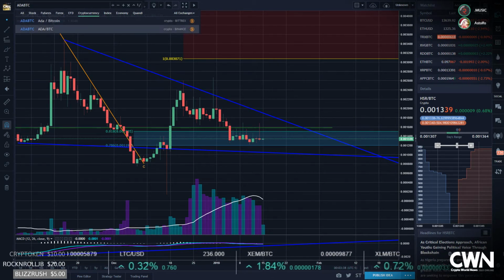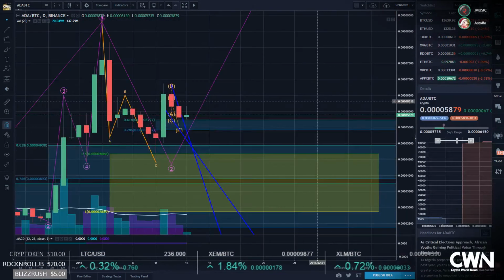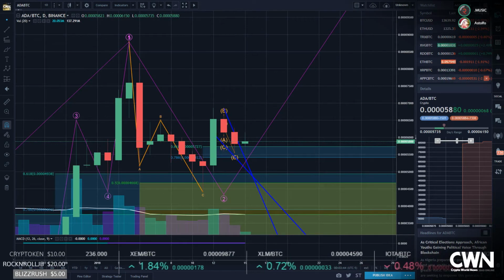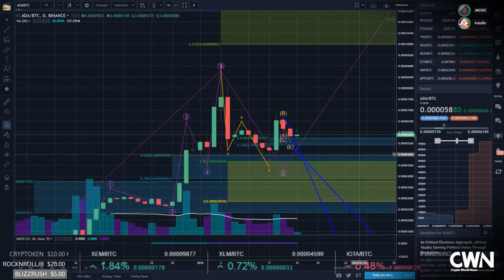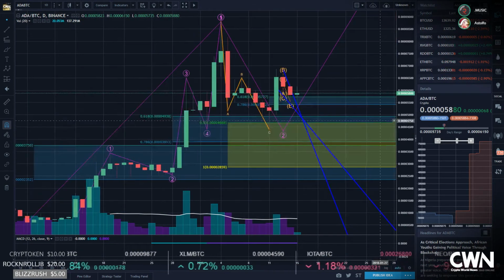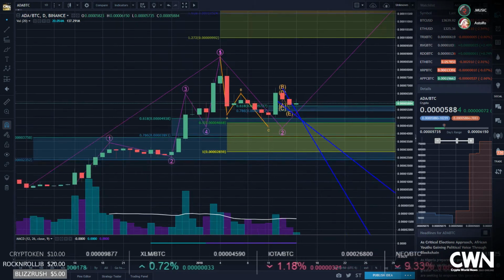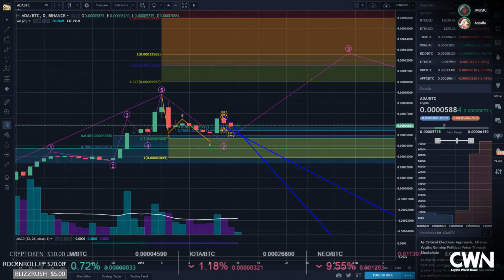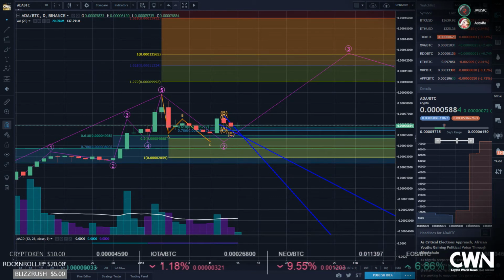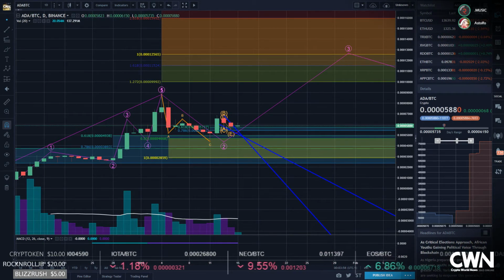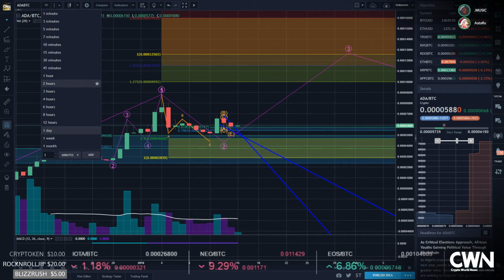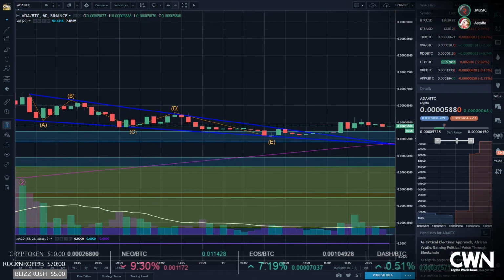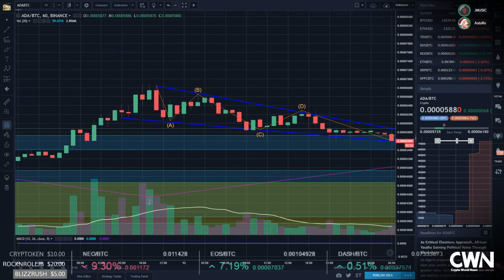I'm gonna go back to the ADA chart just to give an example here, because I was charting ADA as an ABC retrace until it morphed into a triangle on me.